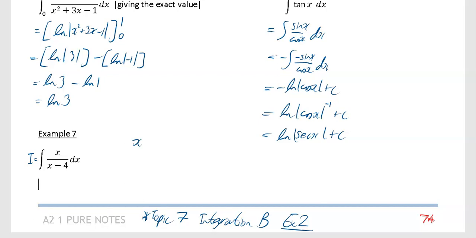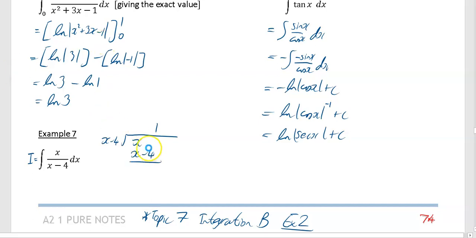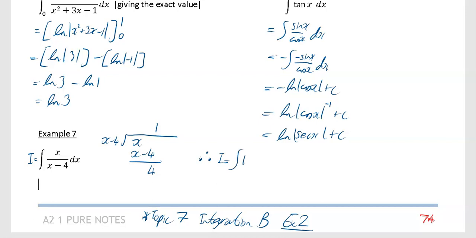So you've got x divided by x minus 4. x goes into x one time, write down x minus 4, and then subtract. 0 minus minus 4 is just positive 4, and x minus x is 0. So therefore, your integral in this case just becomes 1 plus 4 over x minus 4.